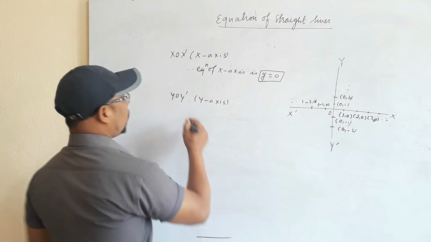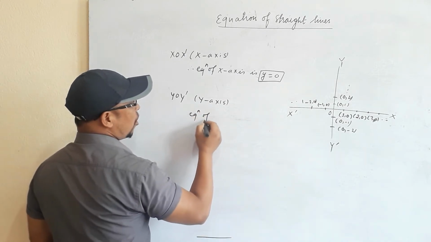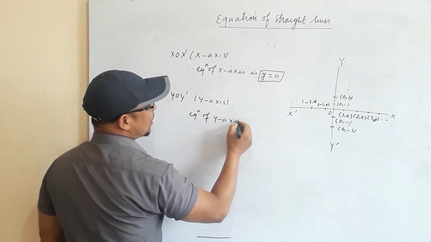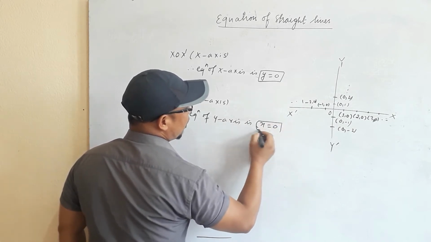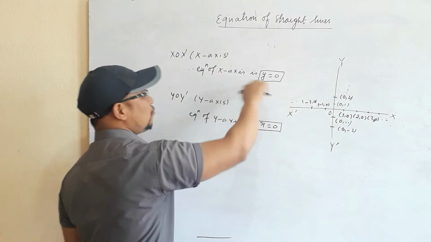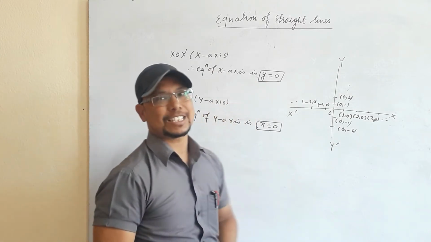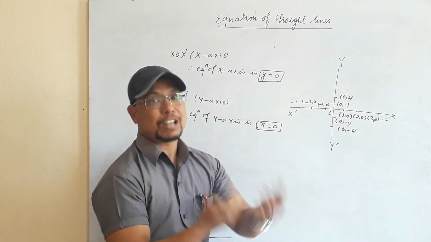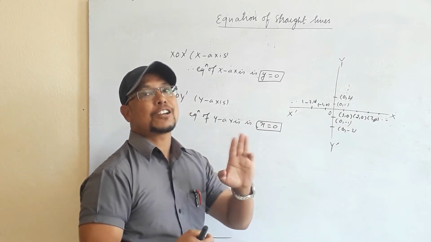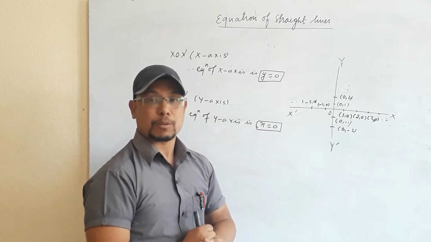So the equation of the y-axis is x equals 0. Now the equation of the x-axis is y equals 0, and the equation of the y-axis is x equals 0. Now let's derive the three standard forms of equation of straight lines.